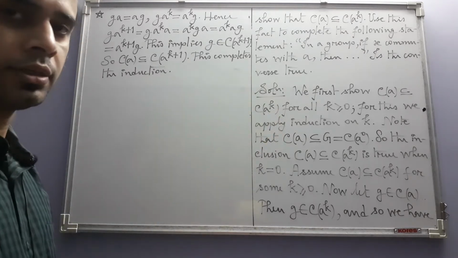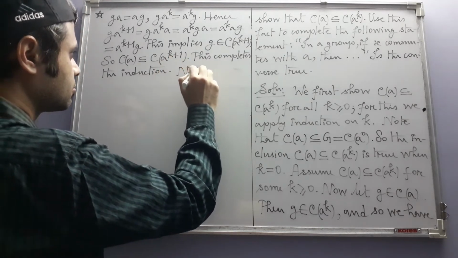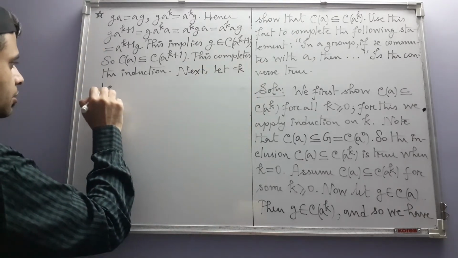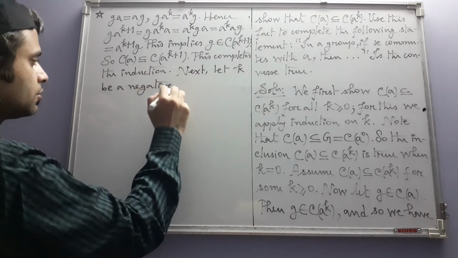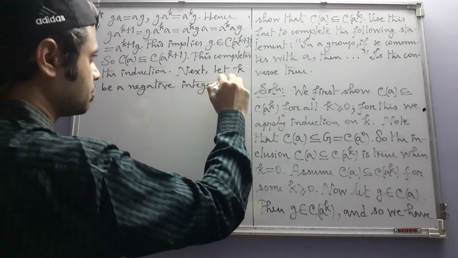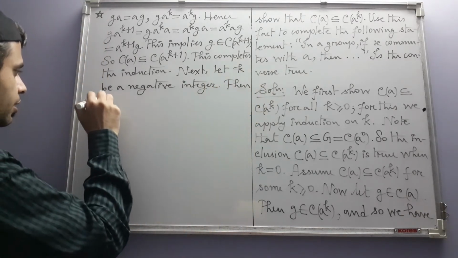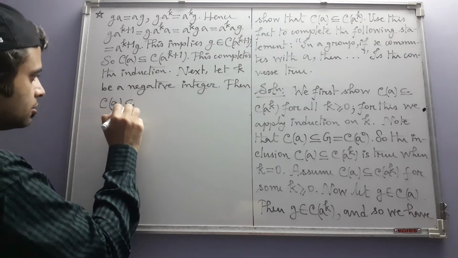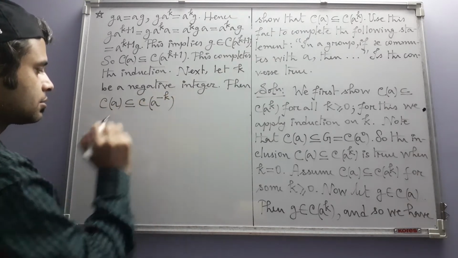We will now look at the case where k is negative. Next, let k be a negative integer. Then minus k is a positive integer, and by what we have already proved above, this is contained in A to the power minus k.